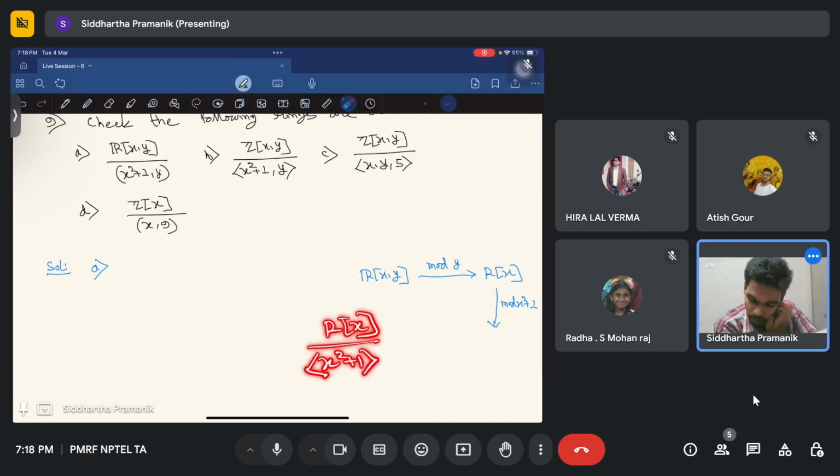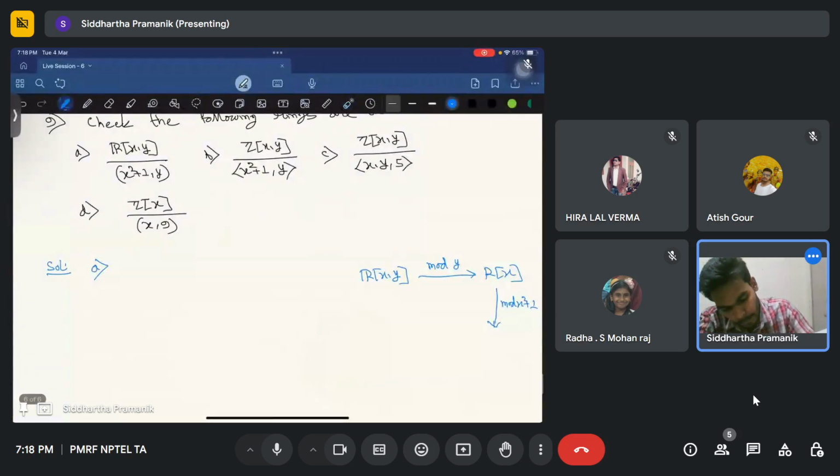This is something well known, and it has been done in the lectures also. So this is basically C. So here I first went mod by y, then I went mod by x^2+1. You can do the other thing also.